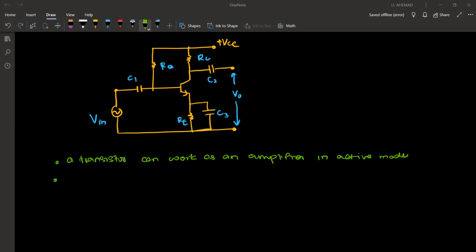So in active mode, IC is equal to beta times IB, where IC is very much greater than IB. By sending a small current, you can obtain a large current.